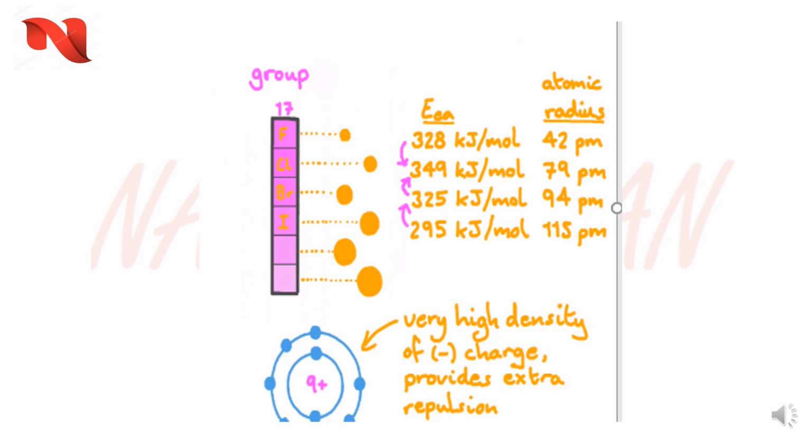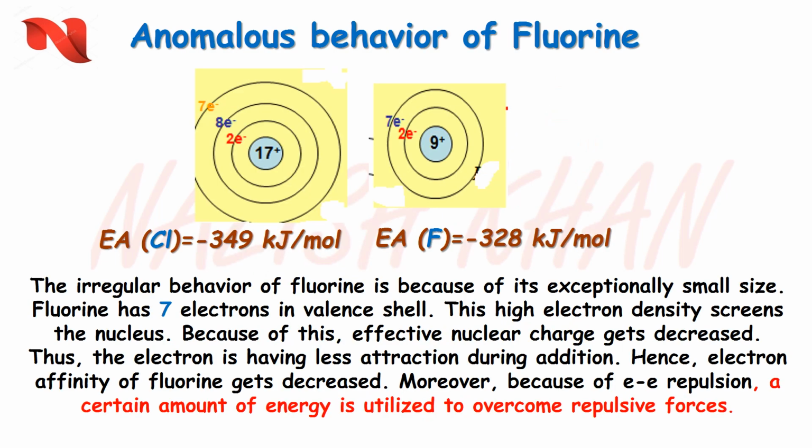A fluorine atom is even smaller than a hydrogen atom, which has an atomic radius of 53 picometers. We can imagine that the negative charge of those electrons in a fluorine atom will be very, very dense. So, this is going to reduce the electron affinity of fluorine relative to chlorine because the incoming electron is experiencing greater repulsion.